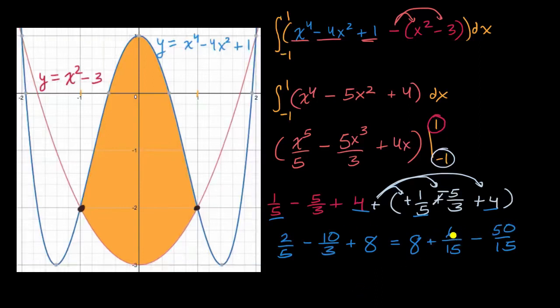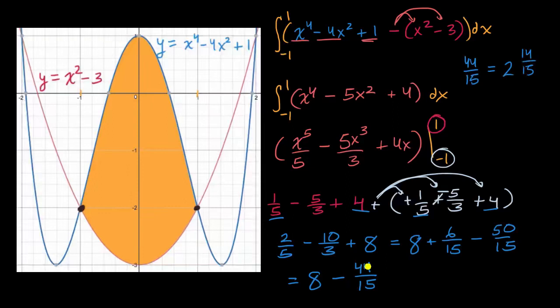And so what's 6/15 minus 50/15? So this is going to be equal to 8 minus 44 over 15. And so what is 44 over 15? 44 over 15 is equal to 2 and 14/15. So that's really what we're subtracting.